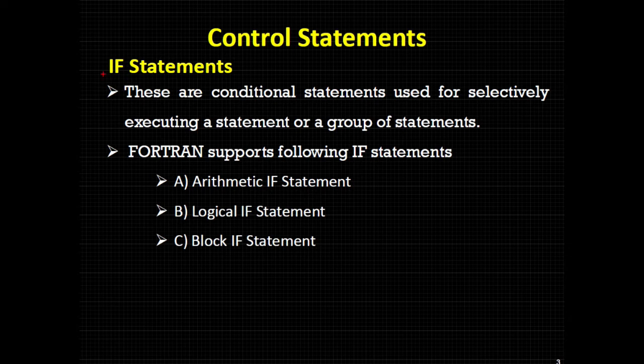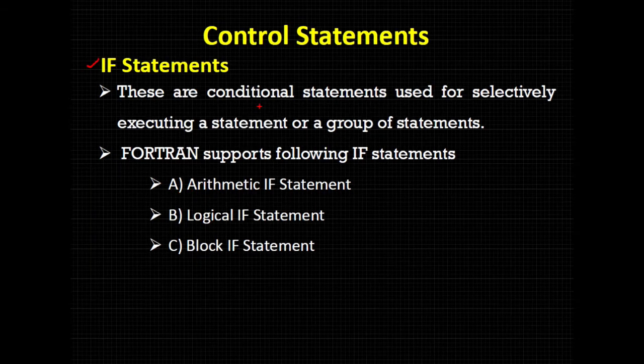Now the first statement is the if statement. The if statement has 3 different types: arithmetic if, logical if, and block if. These are conditional statements, and depending upon the condition they execute a statement or a group of statements. From these 3, today we are going to see arithmetic if.